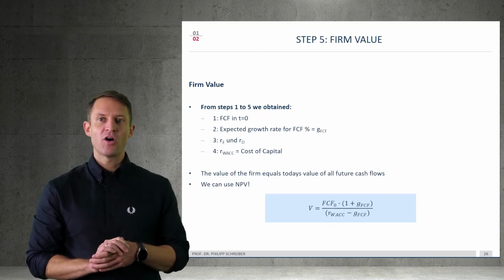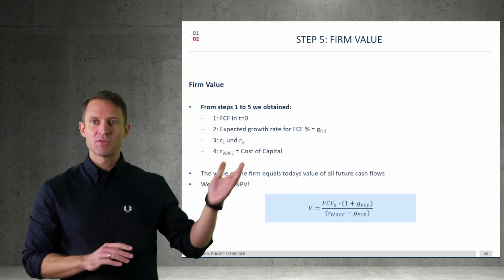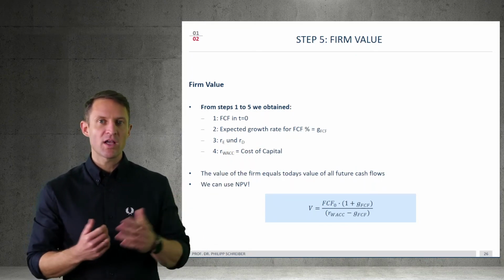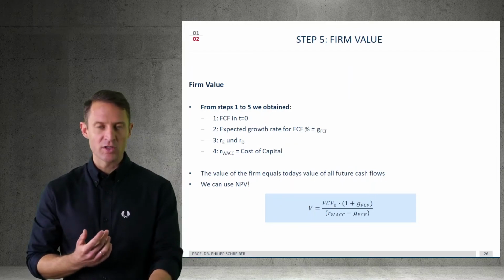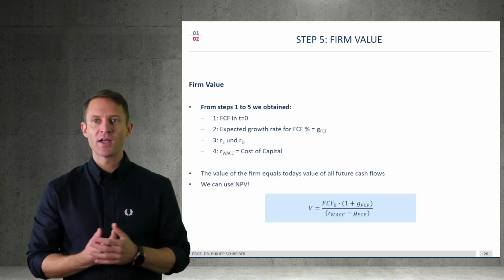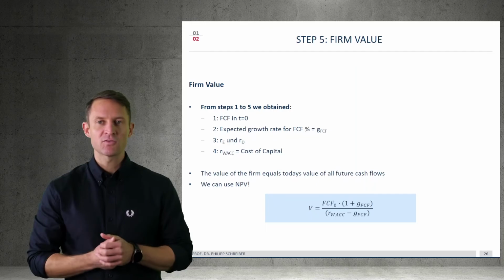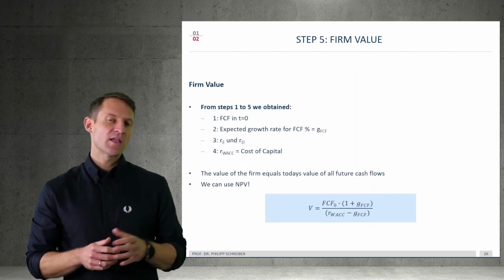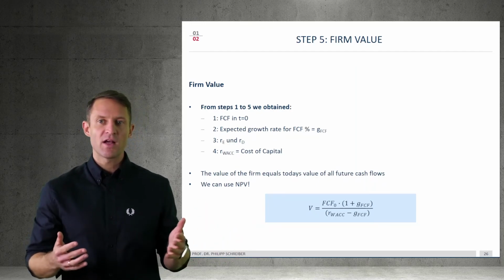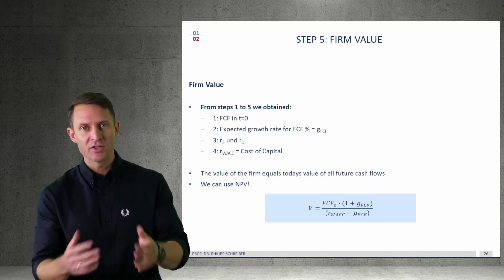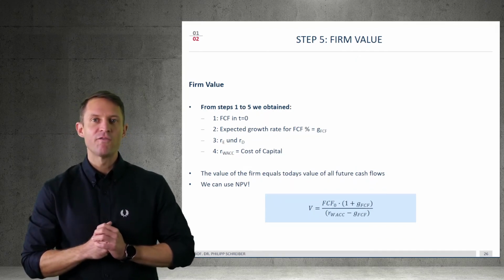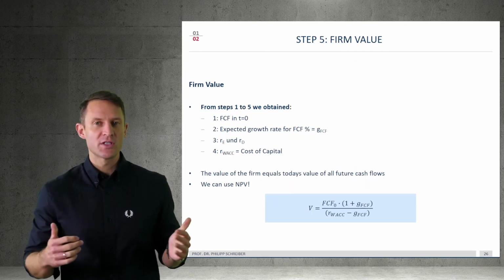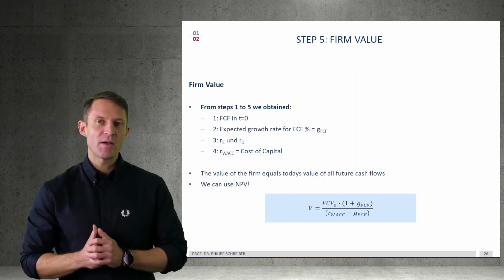Then for step 2, we take the expected growth rate of the free cash flow in percent. Let's call it G for growth rate, FCF for free cash flow. In step 3 and 4, we calculate the weighted average cost of capital. And now we can use our formula for perpetuities. You might remember that.